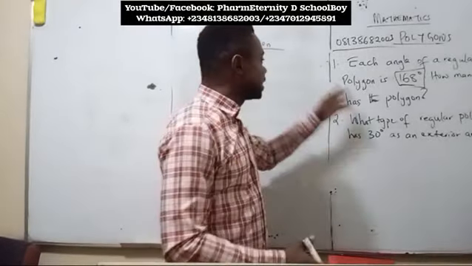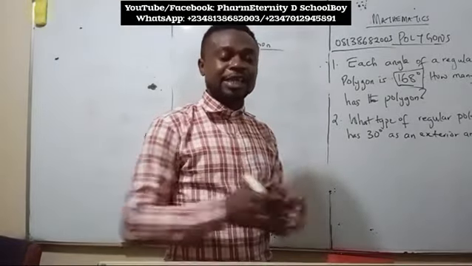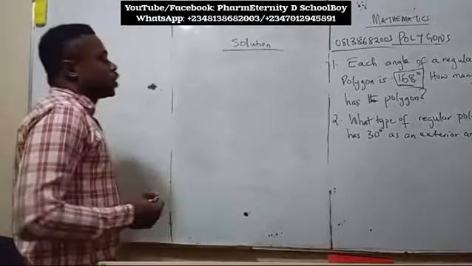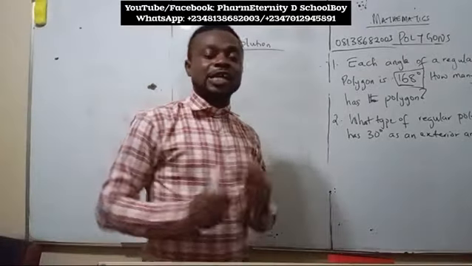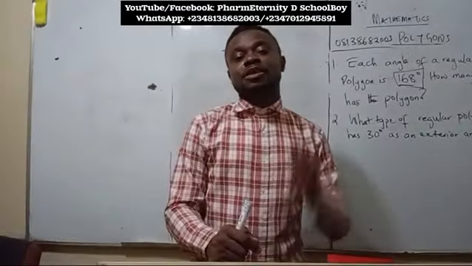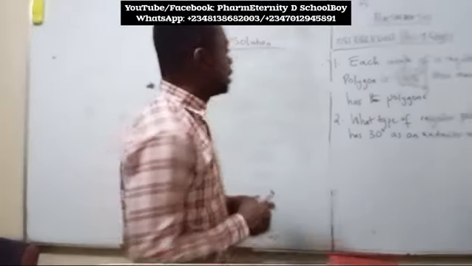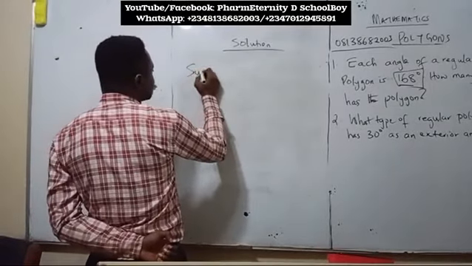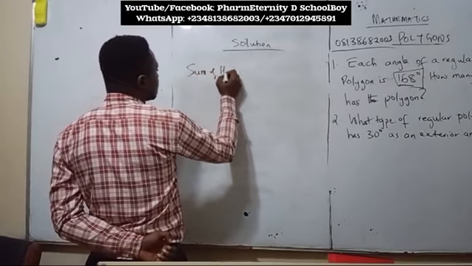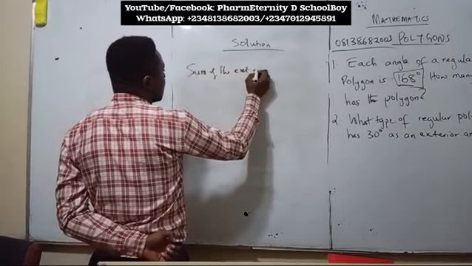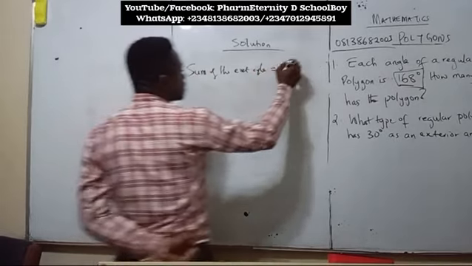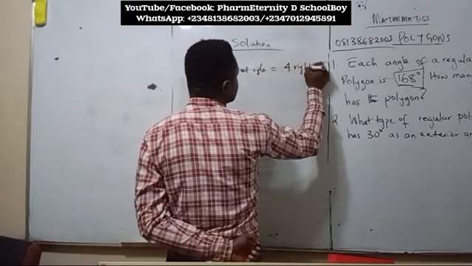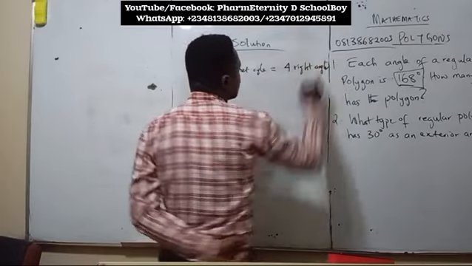Regular polygon, as I said, the angles are equal. Now, the sum of the exterior angles of a regular polygon is 4 right angles.